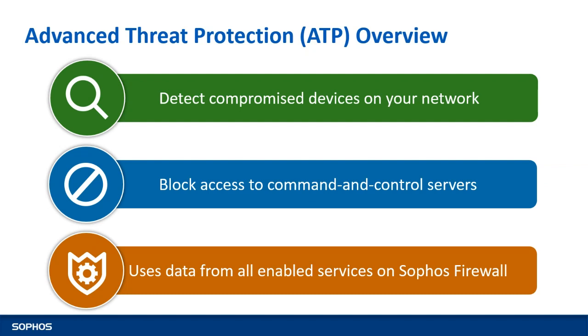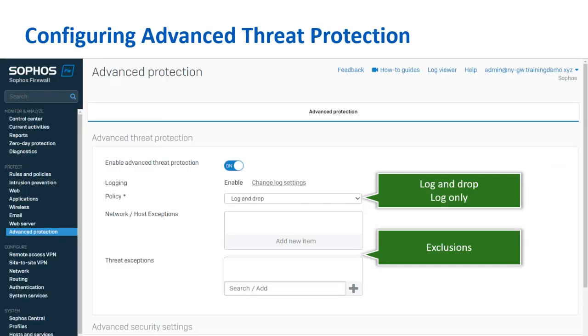The ATP is a global configuration that monitors traffic and data from all services enabled in the firewall, including DNS and web requests, to detect and block access to command and control servers.